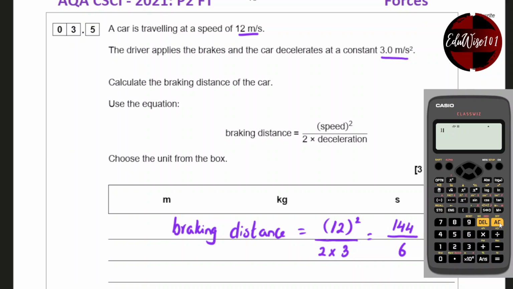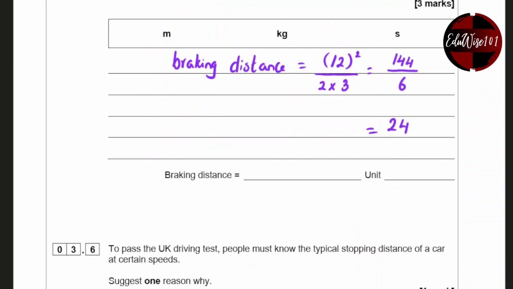So 144 divided by 6 gives me 24. So the braking distance is 24 and distance is measured in meters. And you get 1 mark for that and 3 marks for the correct answer here.